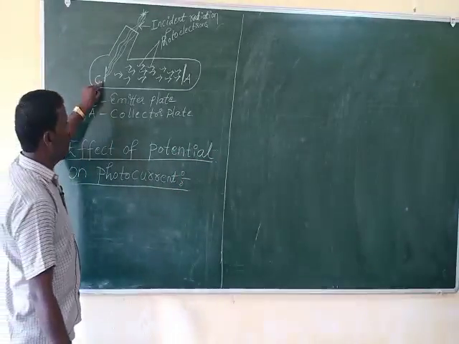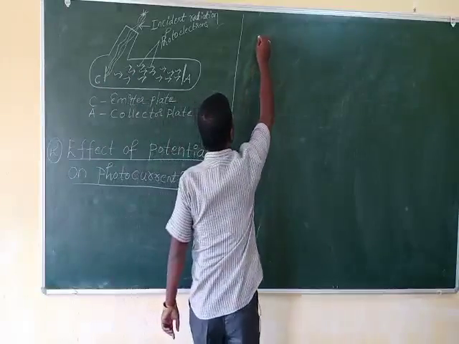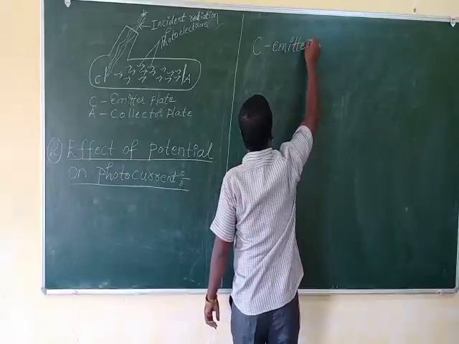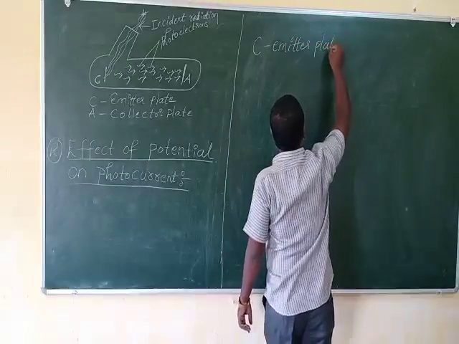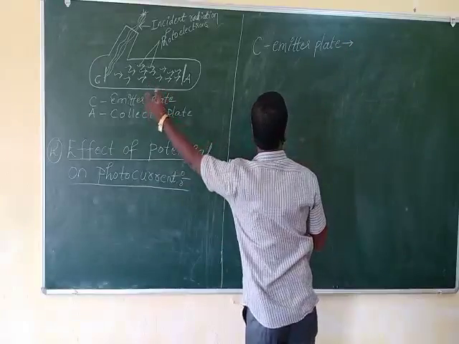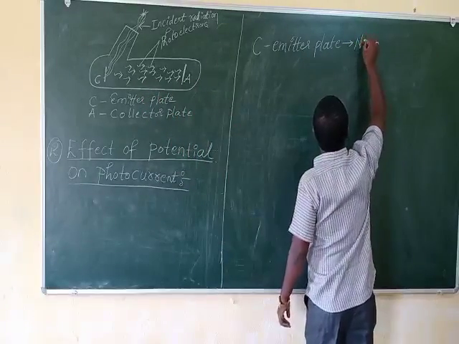See here, C is the emitter plate, A is the collector plate. The emitter plate C, in this diagram, is initially having negative potential.